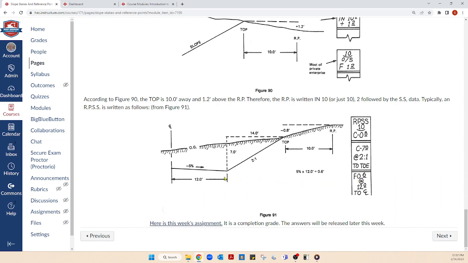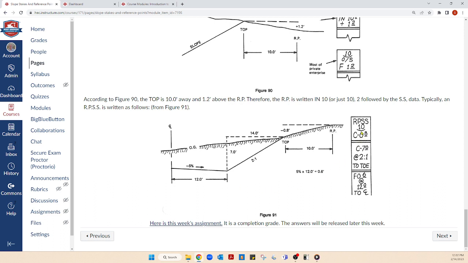And then it wants us to go up 6/10 for 12 feet. If we do that, we're going to get a 5% slope, because we go up 6/10 over 12 feet. You take the 0.6 divided by 12, and you get 0.05. Multiply that times 100, and you get 5%. This one got us here, and this one got us from here to here.